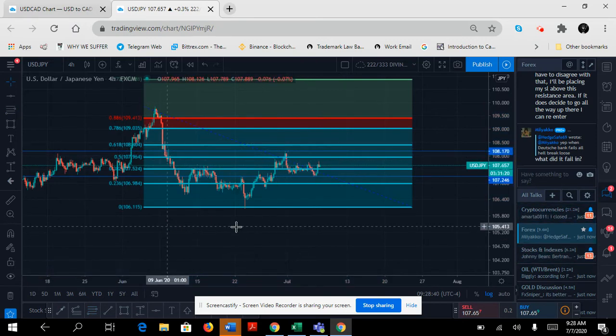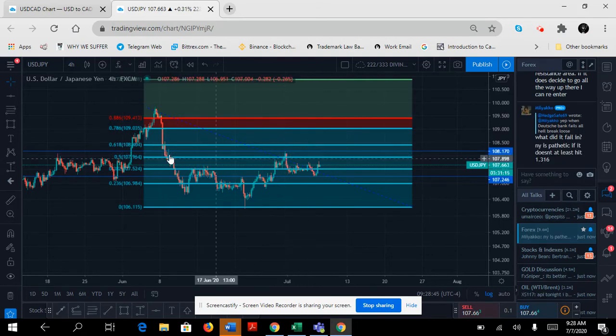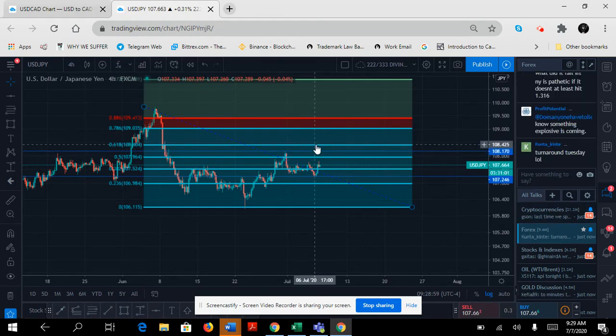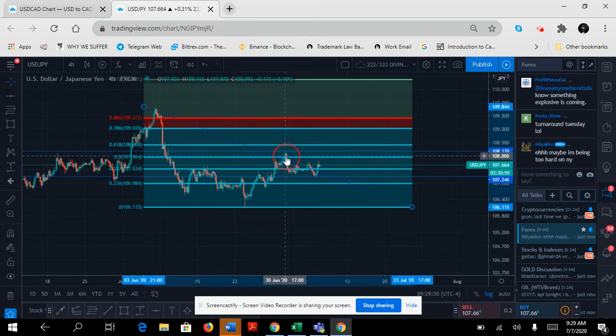One of the rules that we go by is that anytime price breaches one of the fib levels, we consider that a potential clue that price wants to go higher or go to the next fib level. So this is at the 50%. Look right here, 50. And this is at the 61.